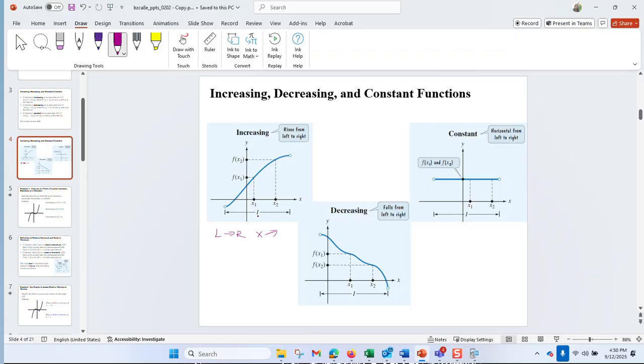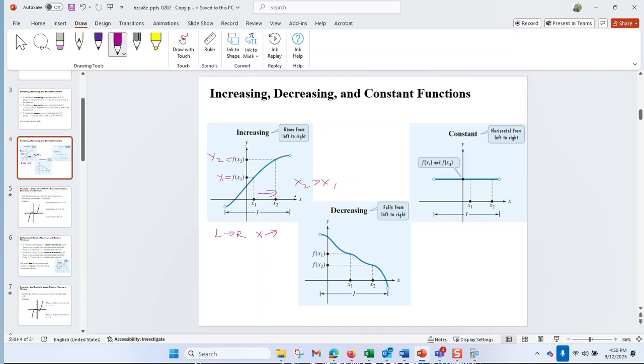So from left to right, x2 is greater than x1, because x2 is on the right-hand side of x1. And I have the corresponding y values: y1 equals f of x1, and y2 equals f of x2.